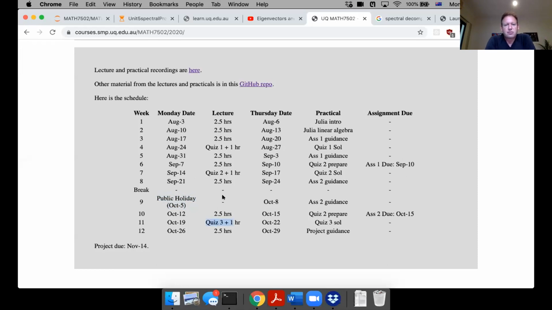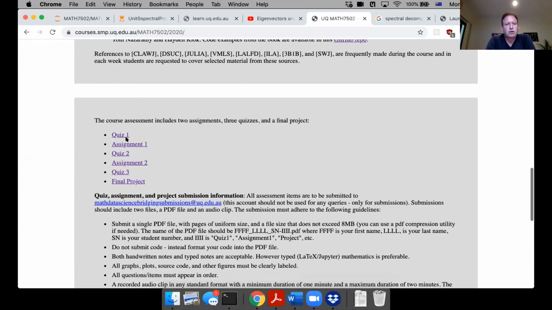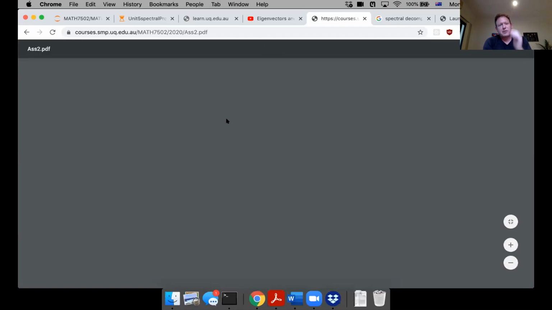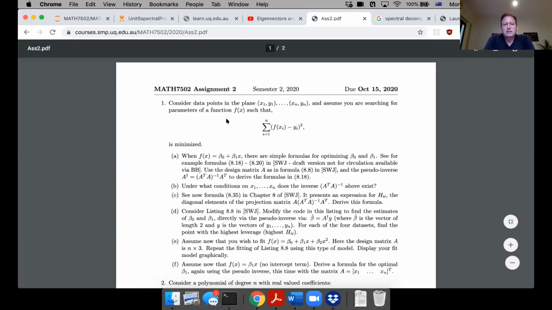You should have marked quiz 2 at some point soon, similarly with the homework. Importantly, assignment 2 is out, and just reading it will probably take you a bit of time. It's quite extensive, so I suggest starting sooner rather than later, even though it's due in quite a while.